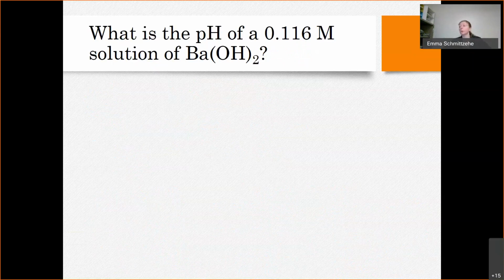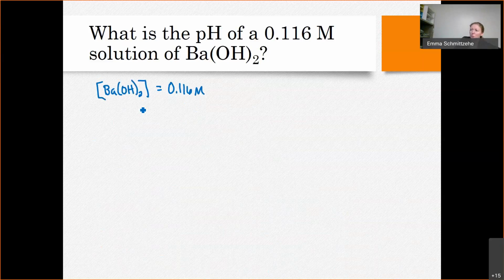So here we go. What is the pH of a 0.116 molar solution of barium hydroxide? Okay, so again, you're given a concentration of some substance. So you're not directly told how much hydronium or how much hydroxide, you're told the concentration of the substance, which is pretty typical.